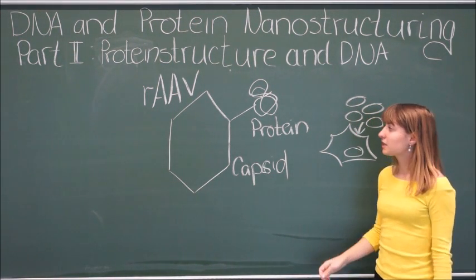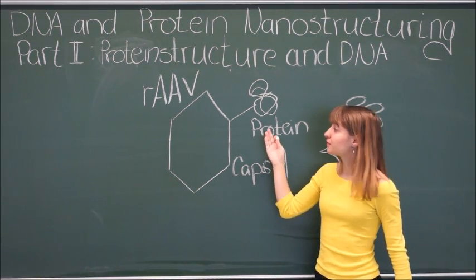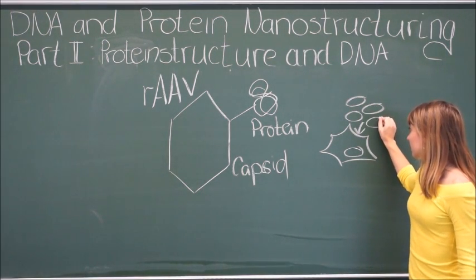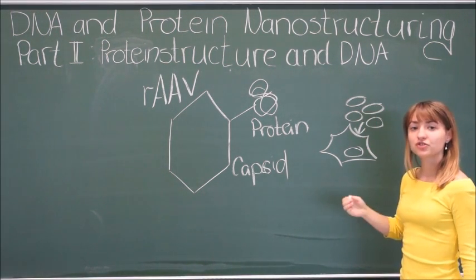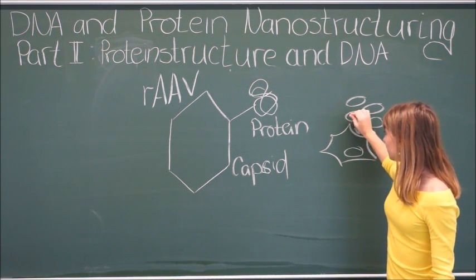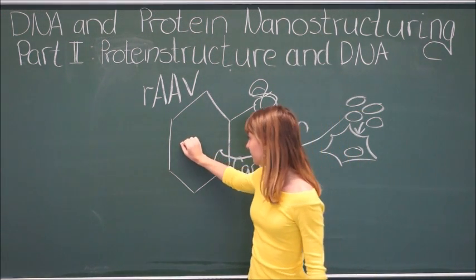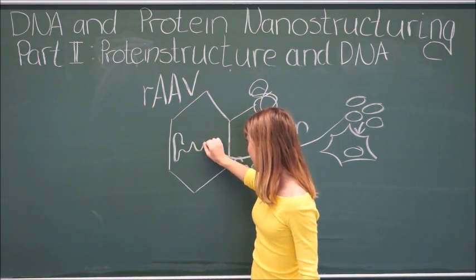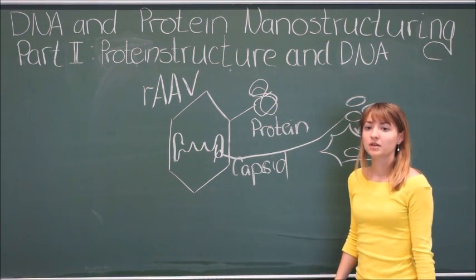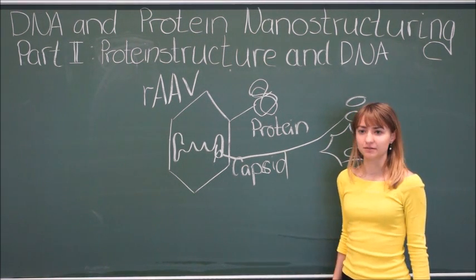The first one encodes targeted ligand, which is fused to the viral capsid. The other one encodes gene of interest, flanked by ITRs, which is then packaged into the viral capsid. The other 2 plasmids are required for the viral assembly.